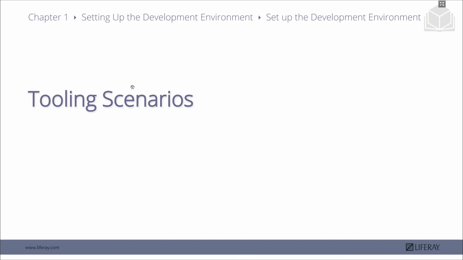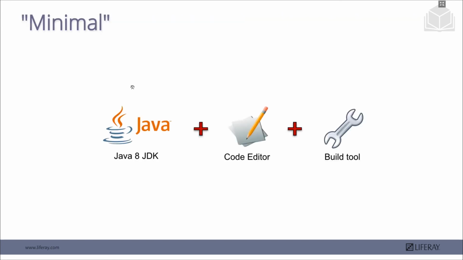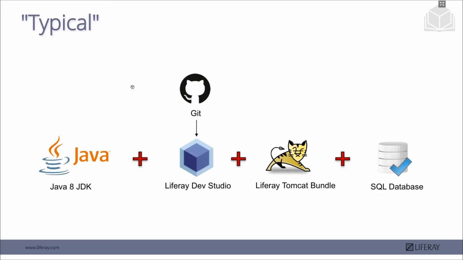We'll take a look at a couple of different situations for our tooling scenarios. So maybe you're the minimalist, right? You just have a JDK all ready to go. You open up your favorite text editor like VI or Emacs, and then once you have all of your code ready to go, you use a build tool like Maven to get it all packaged and compiled nicely, ready to deploy into Liferay. That's perfectly fine. No issues there.